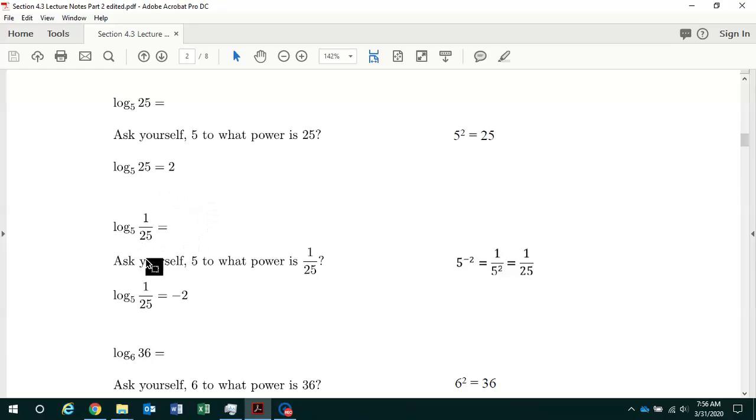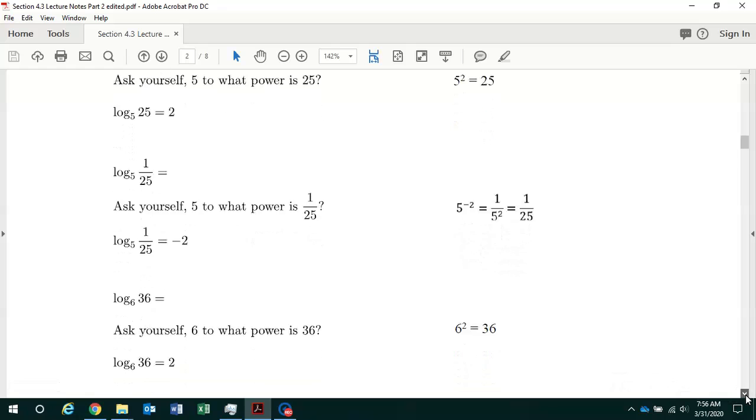What's log base 5 of 1/25 equal to? Well, again, 1/25 is equal to 1 over 5 squared, and 1 over 5 squared can be written as 5 to the minus 2 power. So 5 to the minus 2 power is equal to 1/25. So log base 5 of 1/25 has to equal minus 2. 5 raised to the minus 2 power is equal to 1/25.